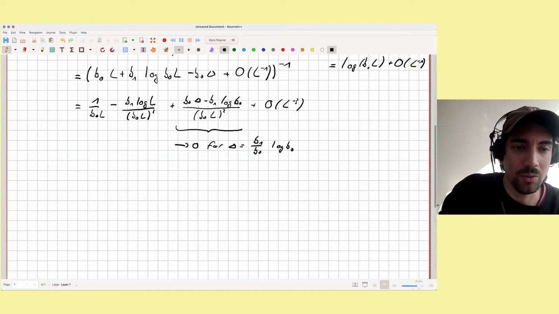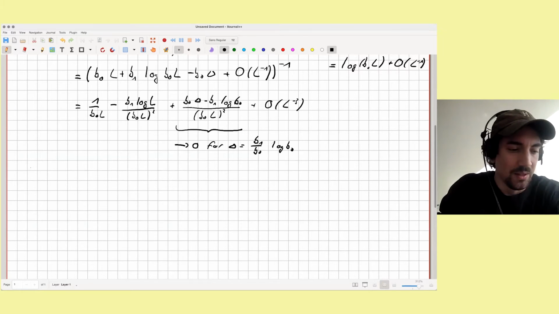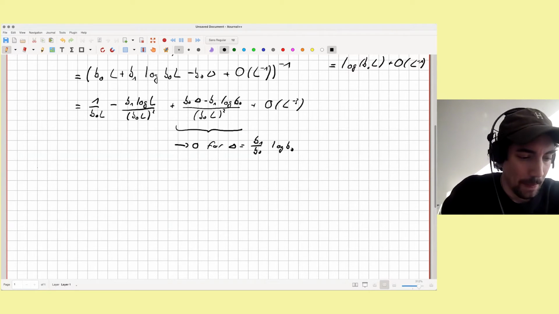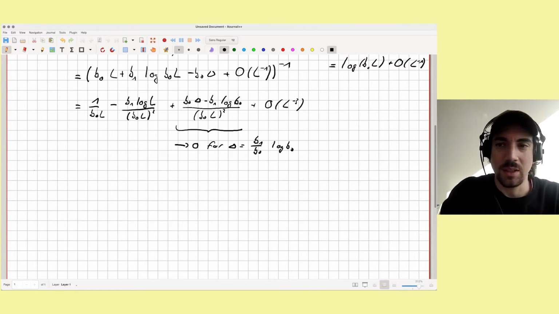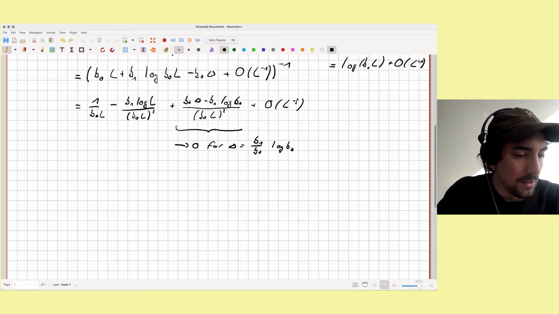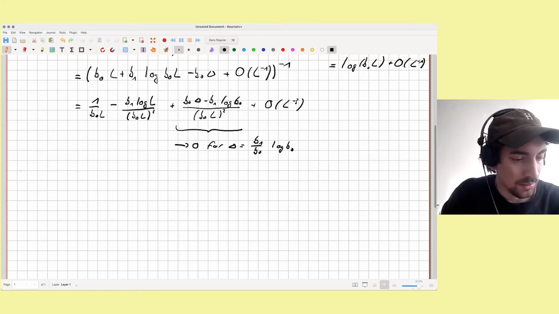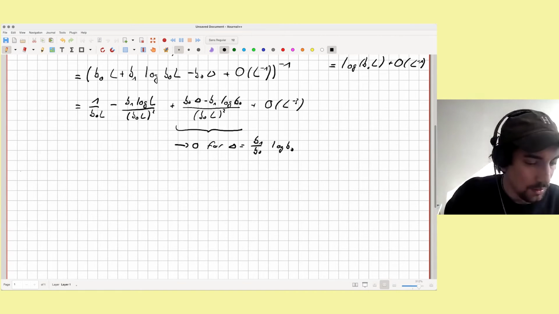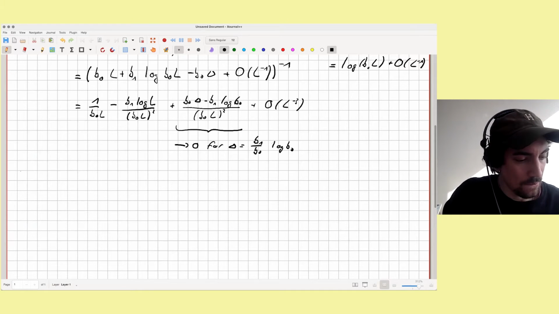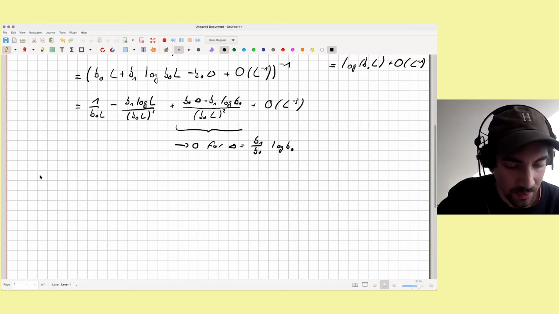Okay, then I'll move on to the next one, where we had to show that the scale dependence of an observable really has only residual scale dependence, of order alpha s to the n plus 2, of order alpha squared.